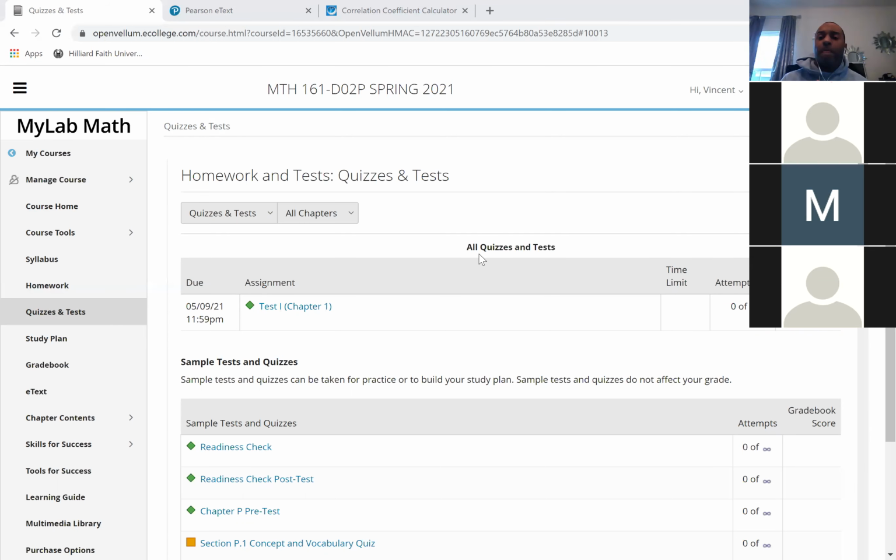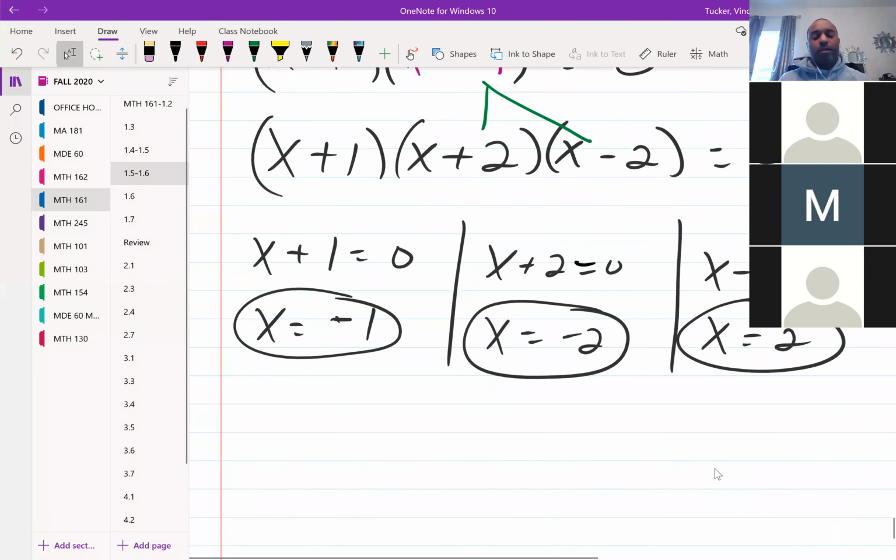Also, when you go through your homework, take note of how they are accepting the answers or how they want the answers. So if we go back here and you type in your answer, x equal to -1, x equal to -2, and x equal to 2, well, they wanted x equal to -1 comma -2.